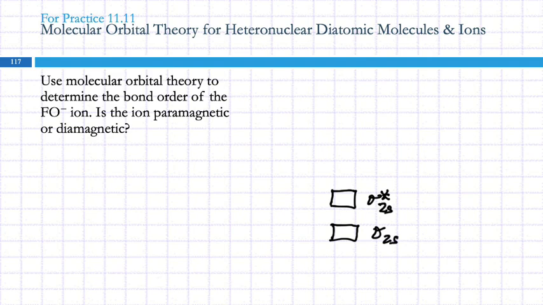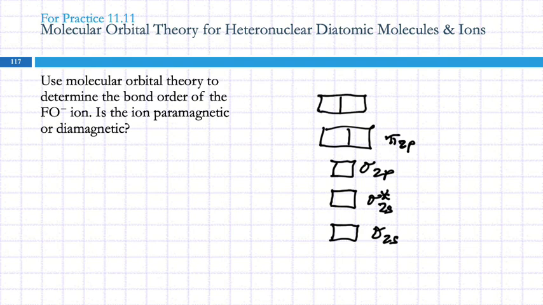And be careful now, this is the regular ordering. And so the sigma 2p is down here, and the pi 2p, and this pi star 2p, and the sigma star 2p. So that would be given to you.